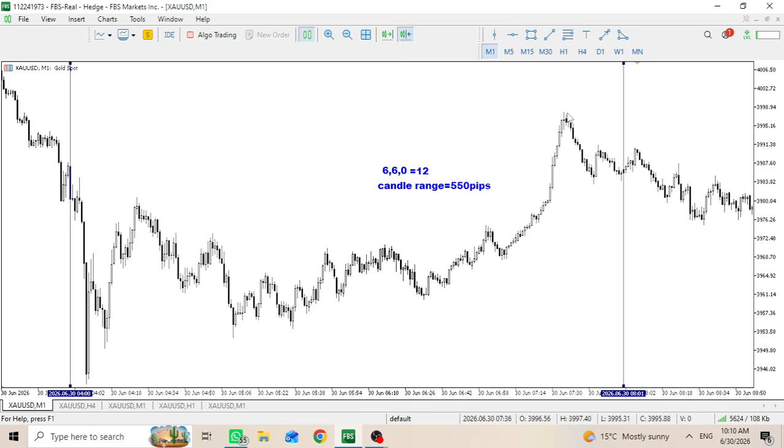For you to get the exact pips the gold has moved, you multiply by 10, so that you get 550 pips. That is the most layman's language. I can explain that for a beginner, but if you're not a beginner, you can understand that.